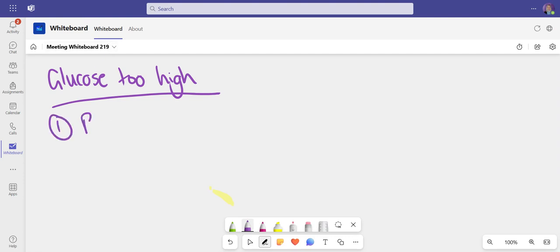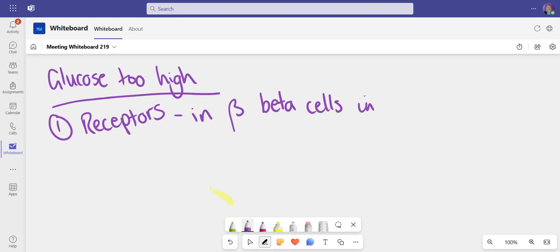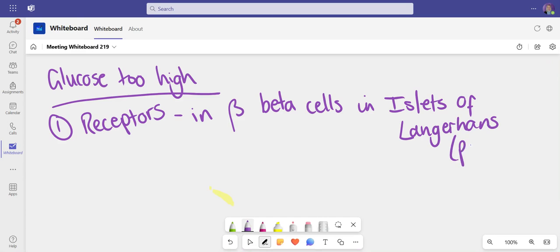So stage 1 is the receptors detect that it's too high. Okay, and these receptors are in beta cells in the islets of Langerhans, which are in the pancreas.